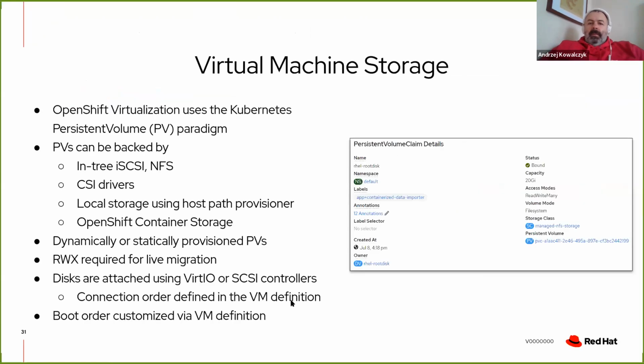Storage. You can easily add storage like iSCSI, but I already mentioned the container storage interface drivers. Typically big storage vendors provide these for Kubernetes, for OpenShift. We have our own storage for OpenShift Container Platform.